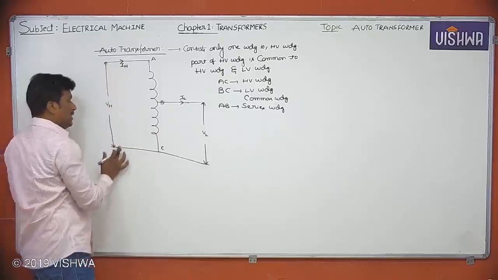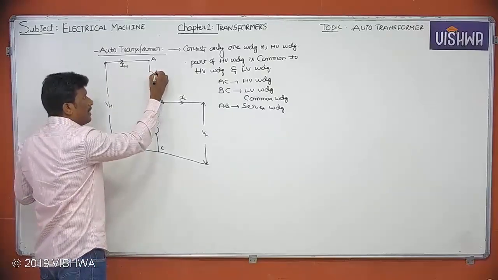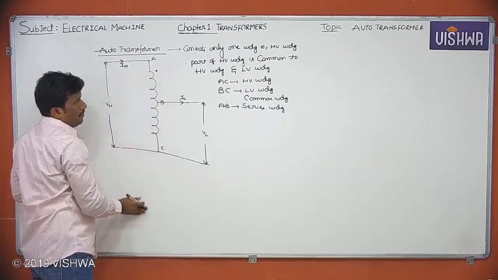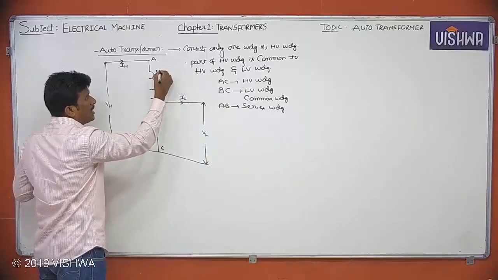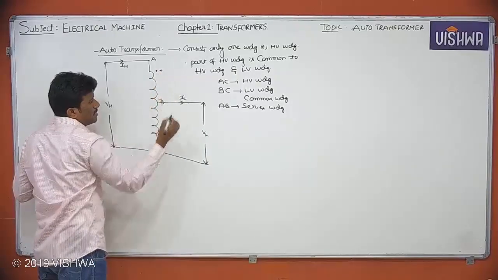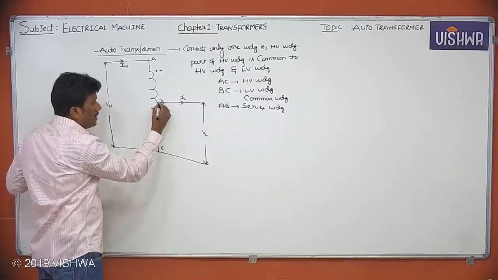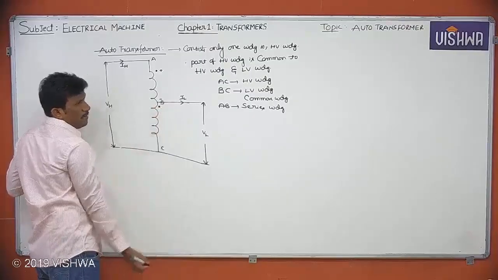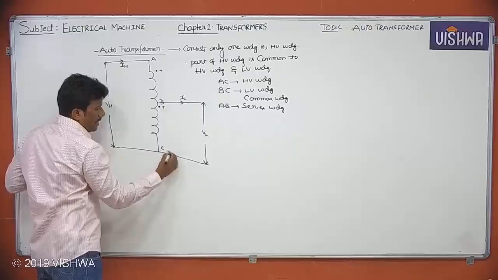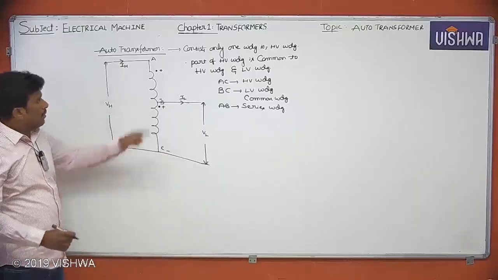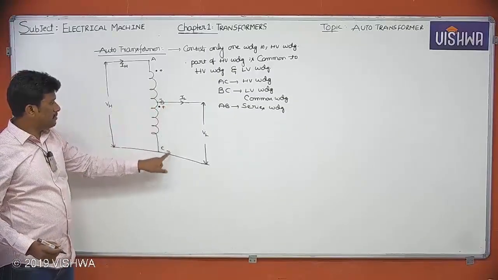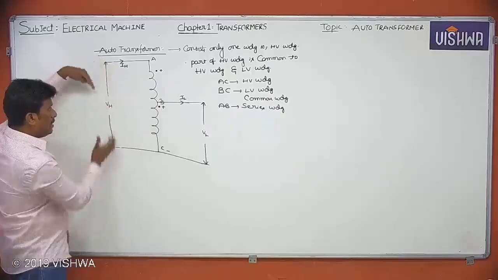Step down means here low voltage, here high voltage. If I take the dot here in this section as plus, minus, in this section where do I have to keep the dot? Obviously here only, because once again plus, minus, then only the voltage will add up here, giving more voltage.